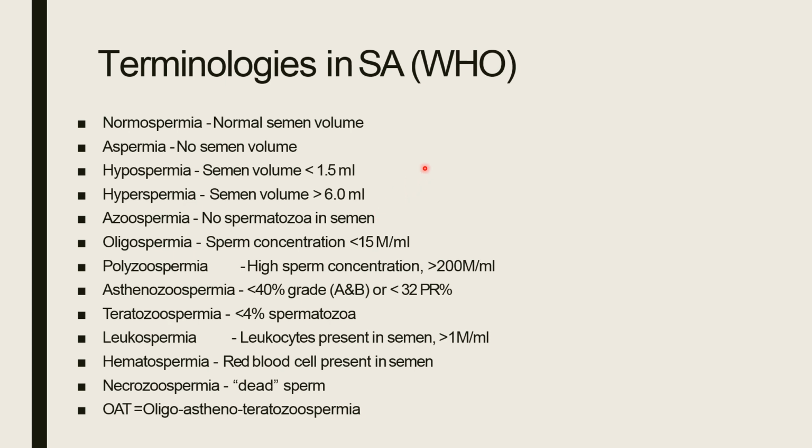We know azoospermia, that is no sperm present in semen, could be due to the blockage of the reproductive tubes, vas deferens, or any other tube, and there could be another type of azoospermia in which the testes fail to produce sperms.